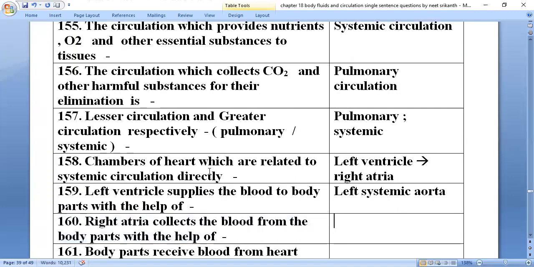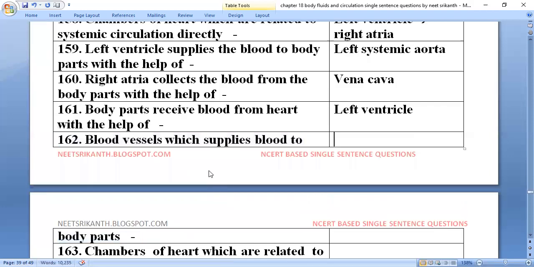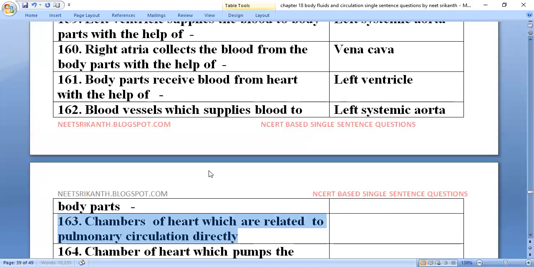Right atria collects the blood from the body parts with the help of superior and inferior vena cava.